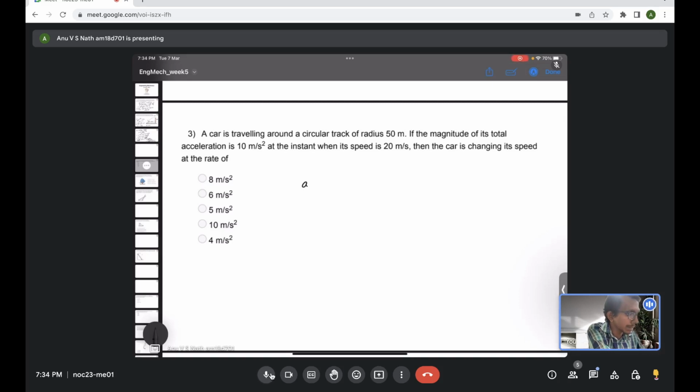The net acceleration magnitude is given as 10 meter per second square. The net acceleration has two parts, which is a centripetal acceleration and a tangential acceleration. The centripetal acceleration has a magnitude which is just velocity square by the radius of curvature. Here velocity is 20, so 20 square by radius of curvature 50.